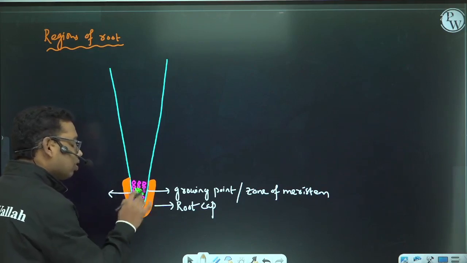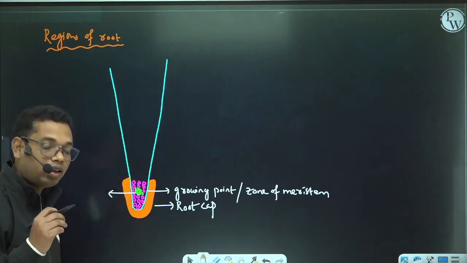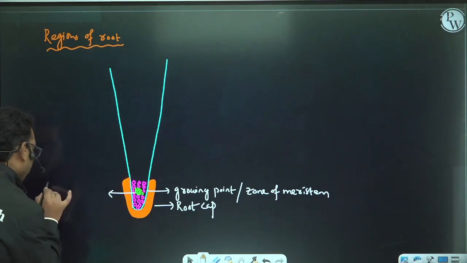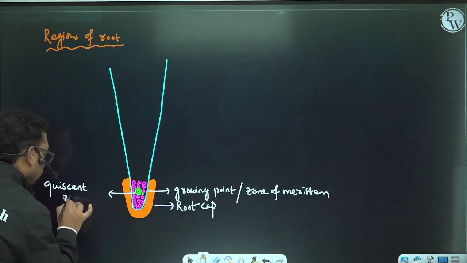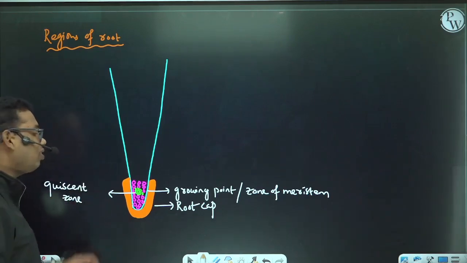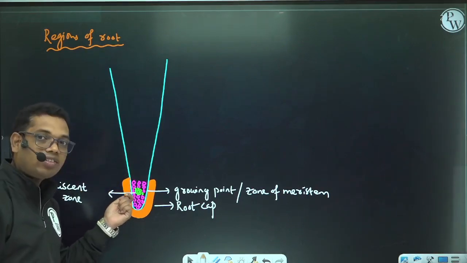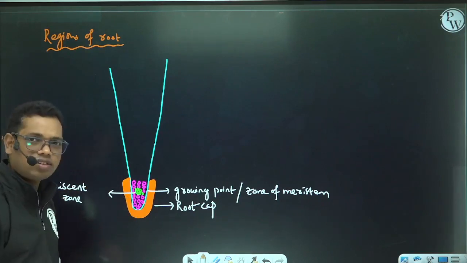So in the center of the zone of meristem, a mass of non-dividing cells will be present, and that zone is called the quiescent zone. So what is the quiescent zone? The zone present in the growing point which has cells that are non-dividing.